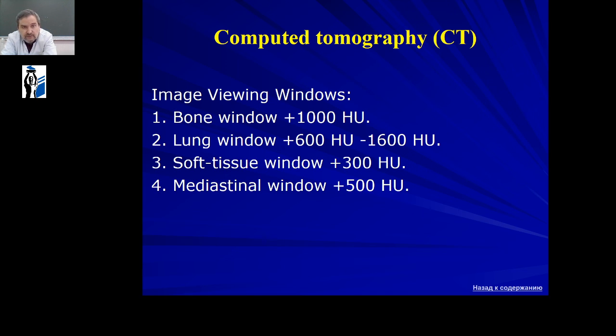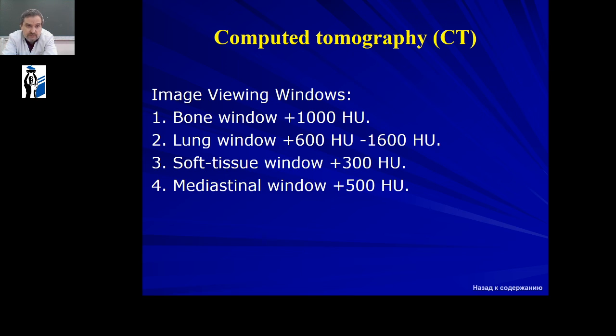And first window is bone window, plus 1000 Hounsfield units. The second, if we have to see lungs and diagnose lung disease, we have to choose lung window from plus 600 Hounsfield units to minus 1600 Hounsfield units.